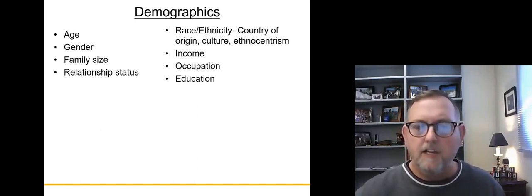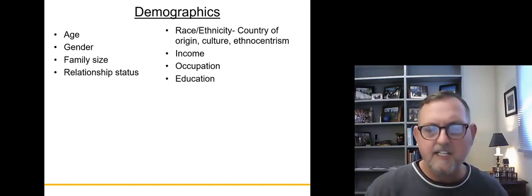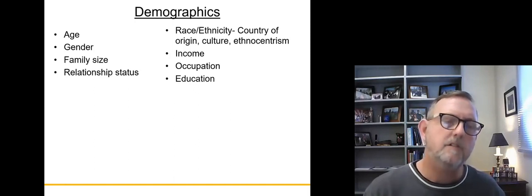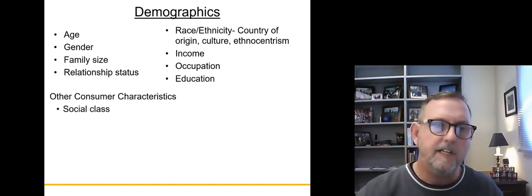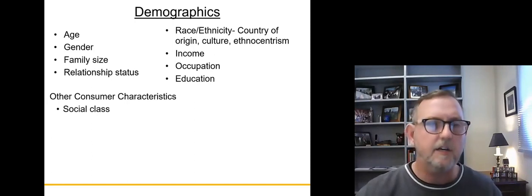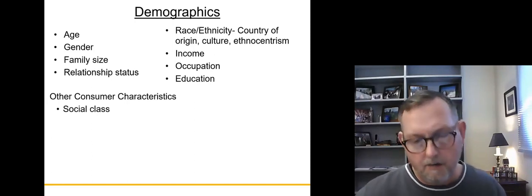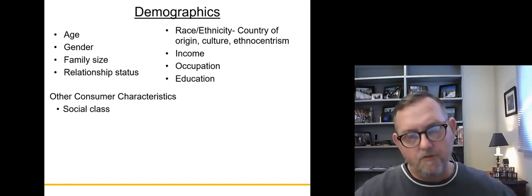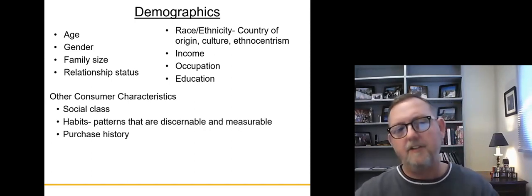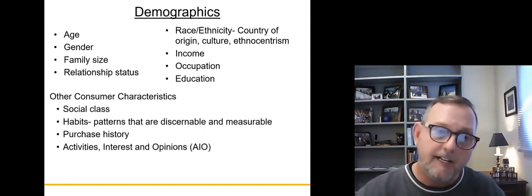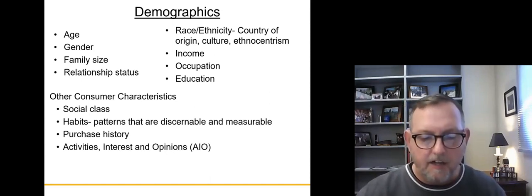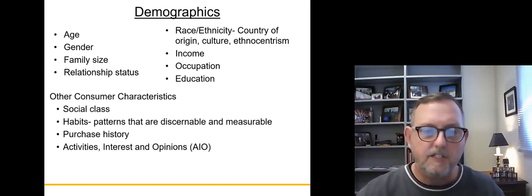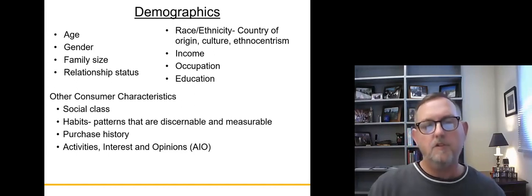We're going to talk about demographics a lot later too, but remember there are things like age, gender, family size, relationship status, ethnicity, income levels, occupations, education, those types of things. There are other characteristics that you might throw into a demographic category: social classes, habits, patterns, purchase histories, activities, interests, and opinions.